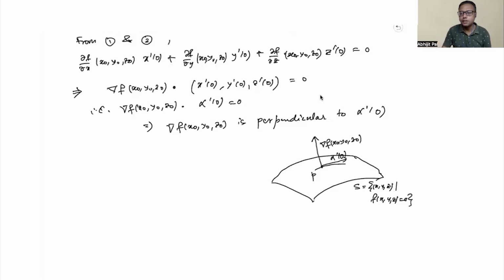Here this alpha is just an arbitrary tangent vector. So therefore this grad is orthogonal to this tangent plane.